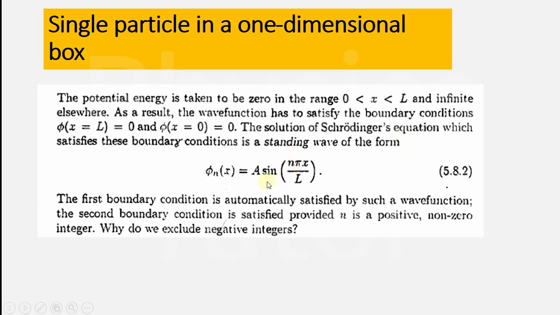That's why we use sine, and this is the formulation in which we put the values and get the result. The first boundary condition is automatically satisfied by such a wave function.